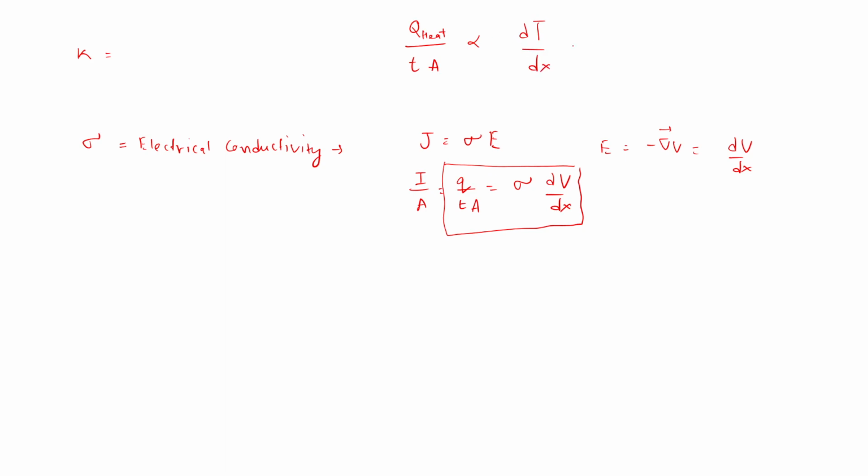The constant of proportionality is the thermal conductivity: Q over dA equals kappa dT over dx. This is just an analogy to understand thermal and electrical conductivity.